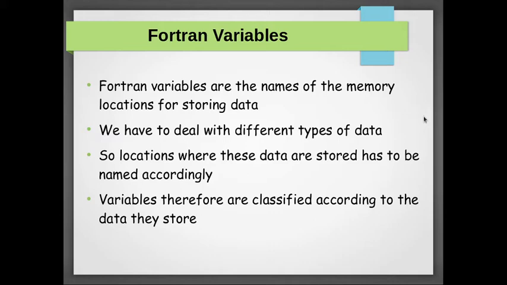The computer will store the numbers in its memory. So if we have to retrieve the numbers that we have supplied to the computer, we need to identify the memory location where these numbers have been stored. So the necessity for naming the memory locations. So these names itself are called Fortran variables.